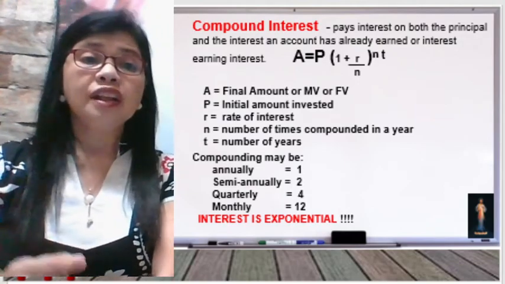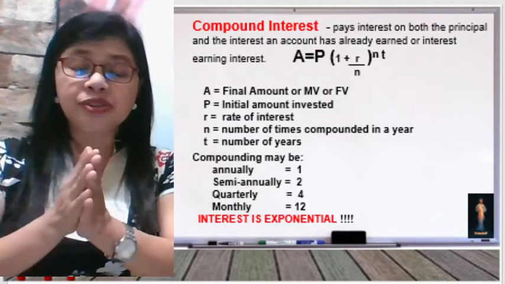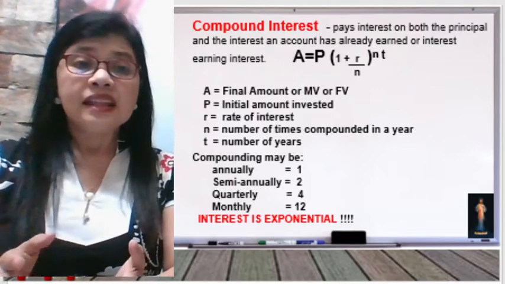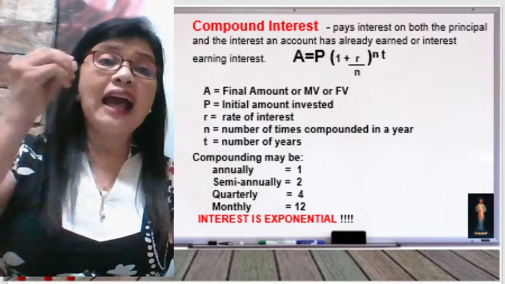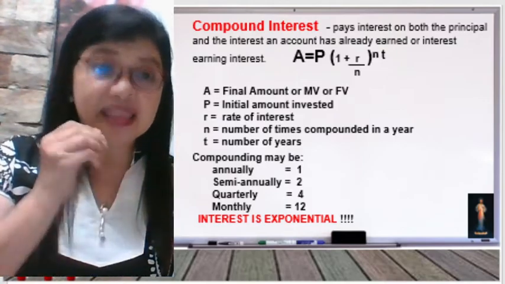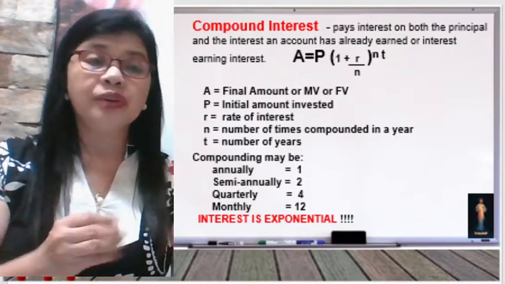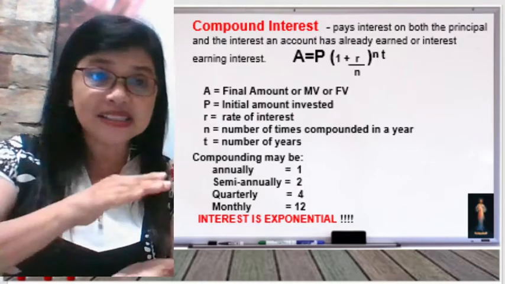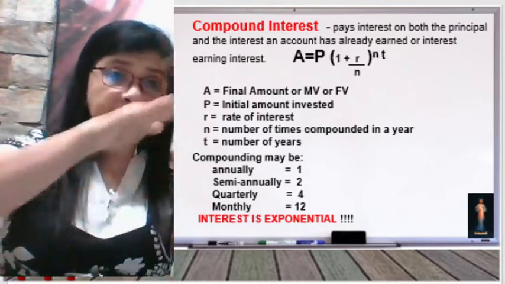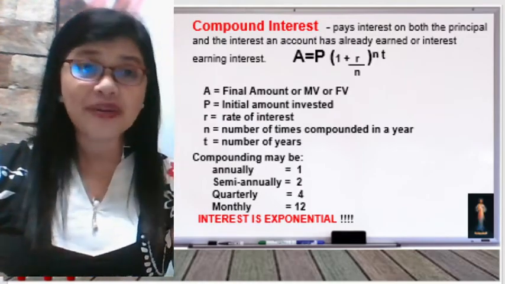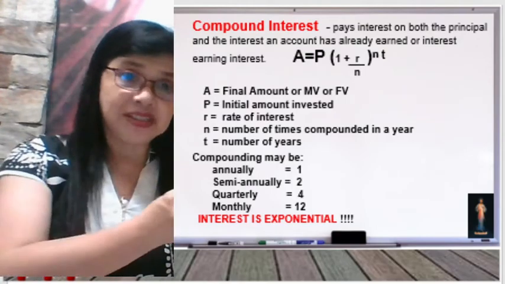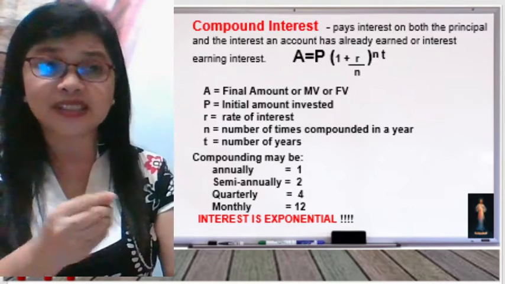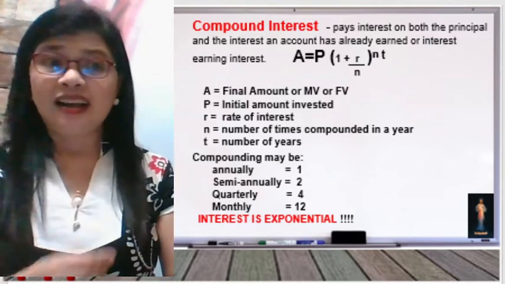You charge the interest not only on the principal but on the accumulated interest. So in short, we call it interest on interest. So very simple. You're earning interest from your previous interest or accumulated interest in the previous time.